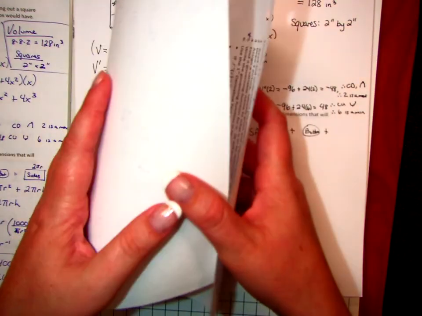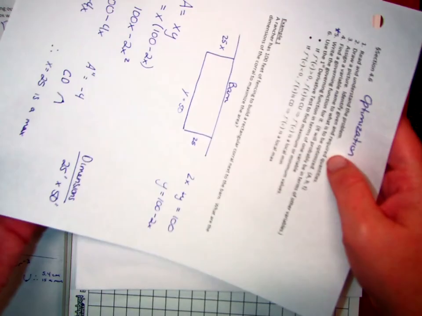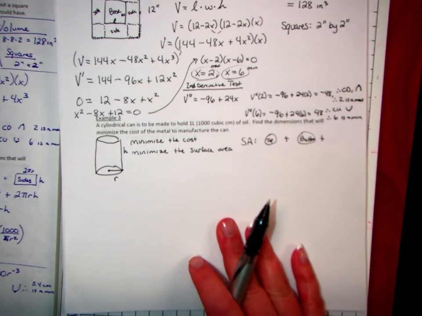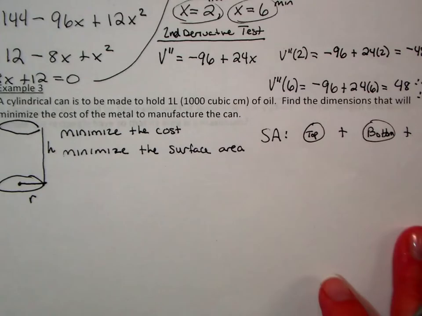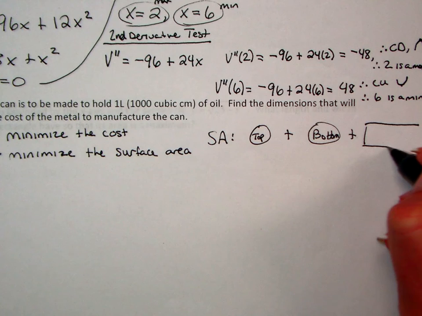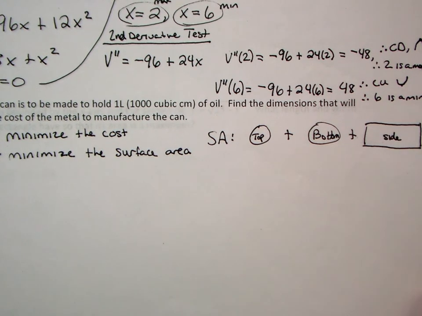Here's my can, with the sides. If I were to cut it down the side and fold it out, I end up with a rectangle. So the sides of the can are going to be a rectangle. Here's the side.